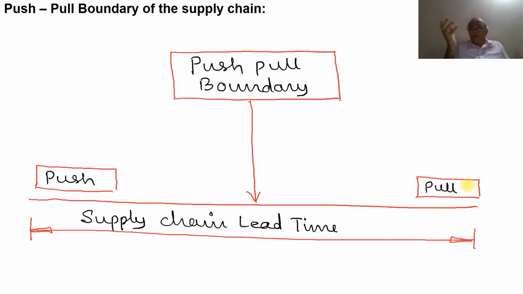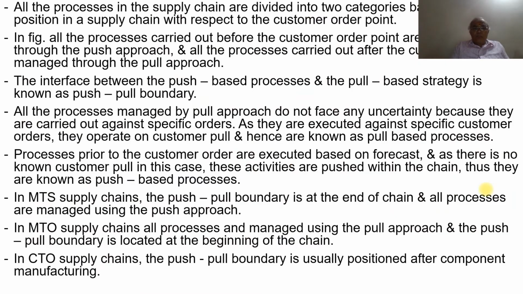Suppose 100 components have to be delivered. Naturally the company will manufacture those 100 components and then supply them to the customer because the order is already placed. That is why we will not face any uncertainty in the pull approach, as they are executed against a specific customer order, and hence they operate on a customer pull and are known as pull-based processes.